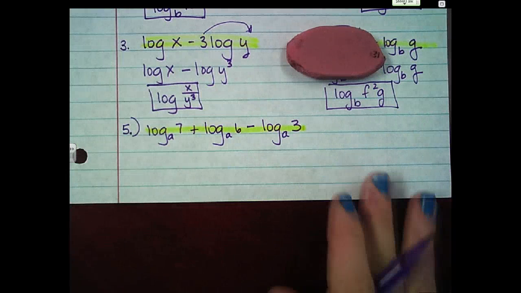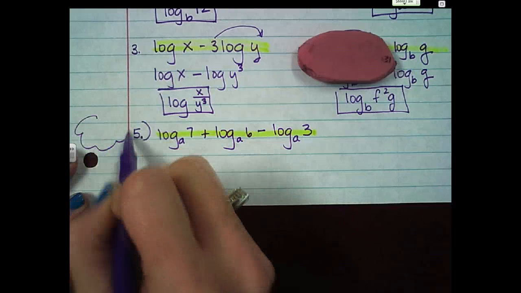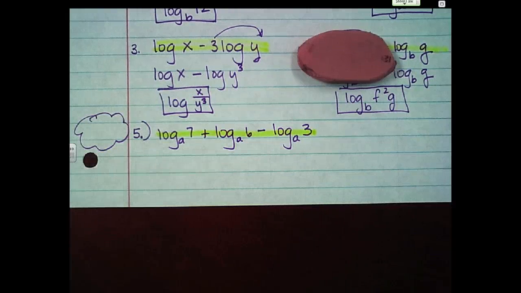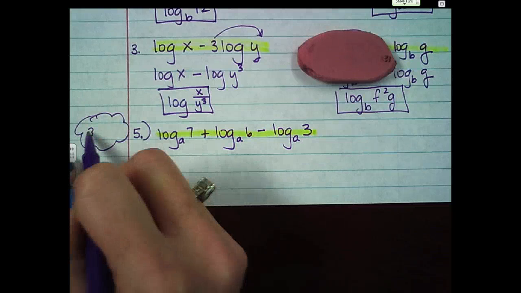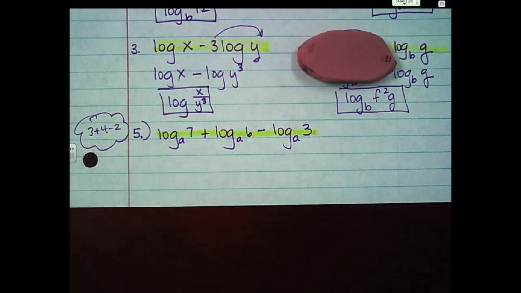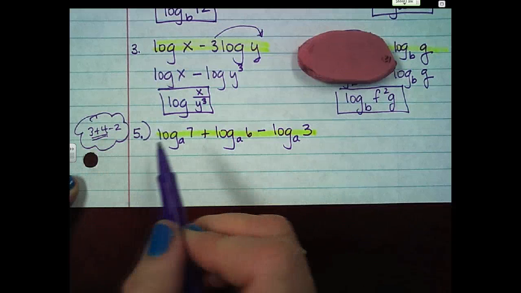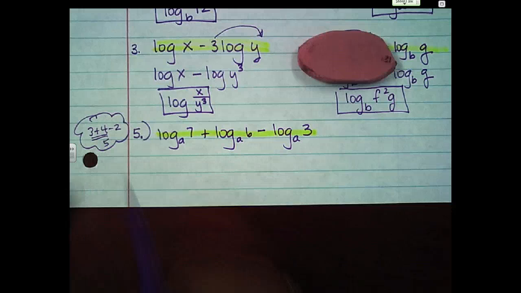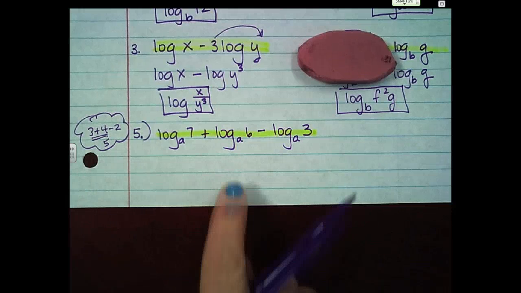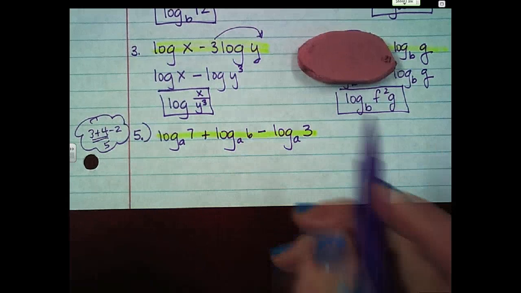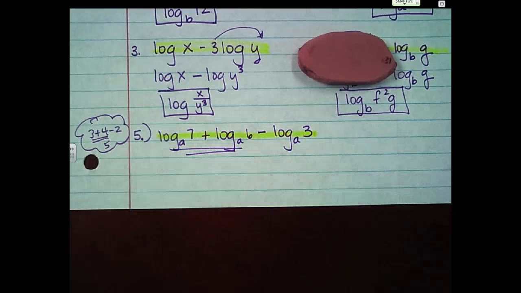But let's think back to just something in common. If I asked you to take 3 plus 4 minus 2, you would do the first 2 first, that would give you 7, and 7 minus 2 then would give you 5, correct? Same here. You're going to do this part first, get an answer, and then move on, okay?